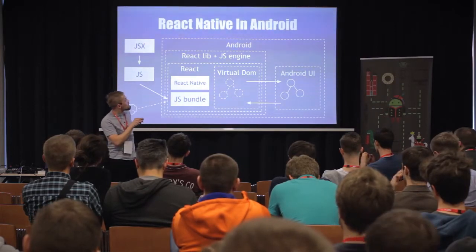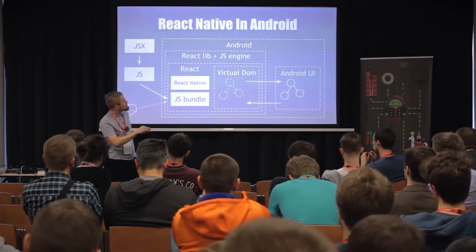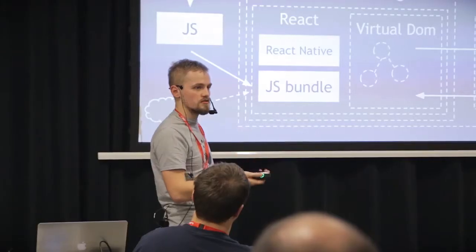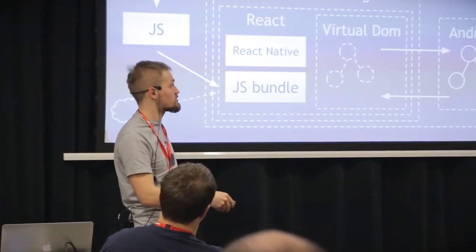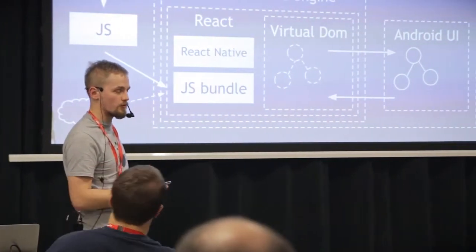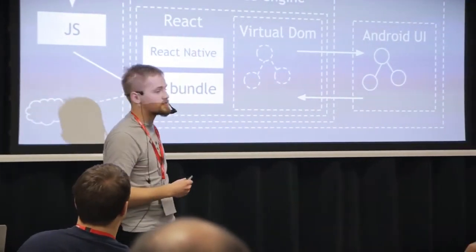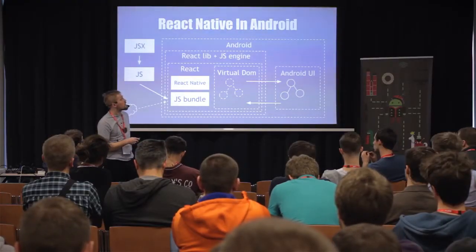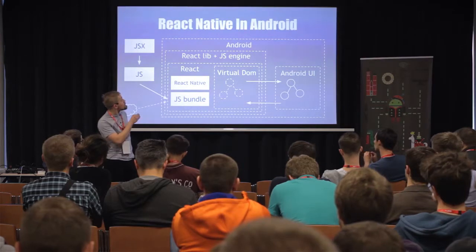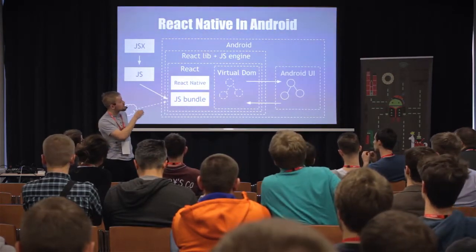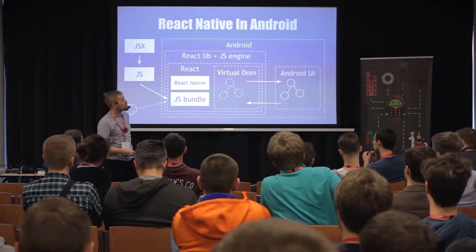The whole React is stored in the native React library with a JS Engine, and the JS Engine is different for iOS and Android. For Android it is V8 from Google, and for iOS there's the Safari Engine. The whole React lib with the JS Engine and the bundle is stored in the Android app.